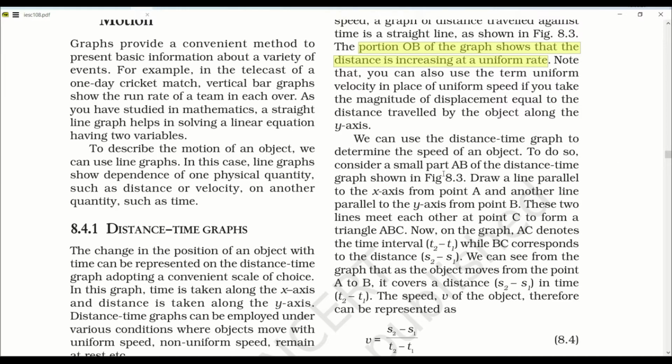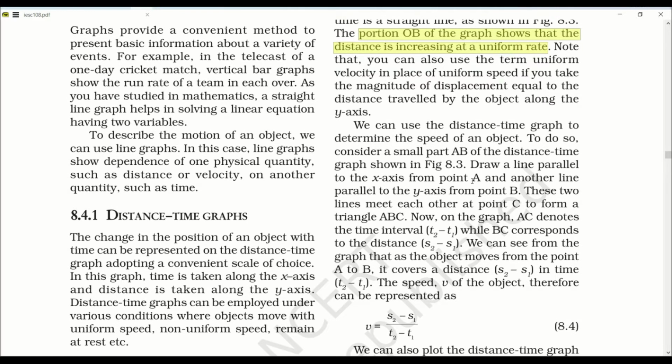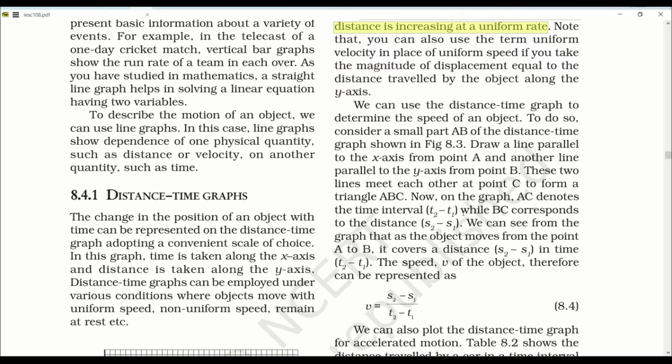To do so, consider a small path AB of the distance time graph shown in figure 8.3. Draw a line parallel to the x-axis from point A and another line parallel to the y-axis from point B. These two lines meet each other at a point C to form a triangle ABC. Now AC denotes the time interval T2 minus T1, while BC corresponds to the distance S2 minus S1.